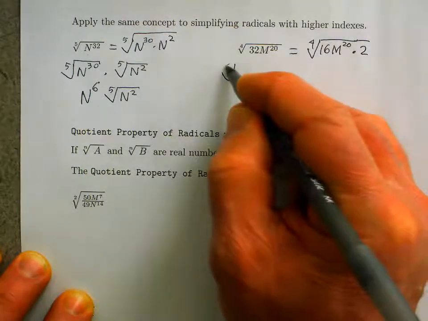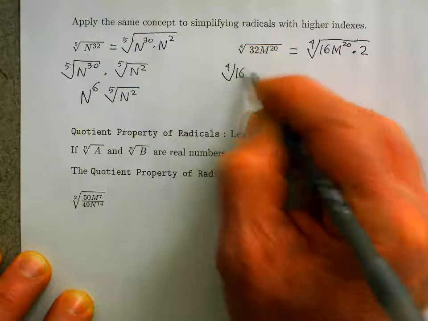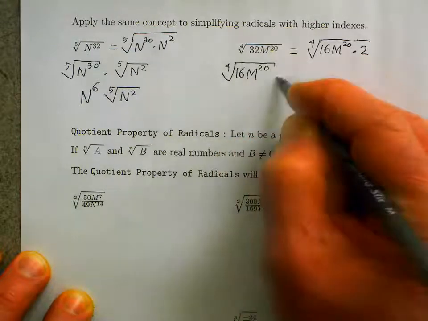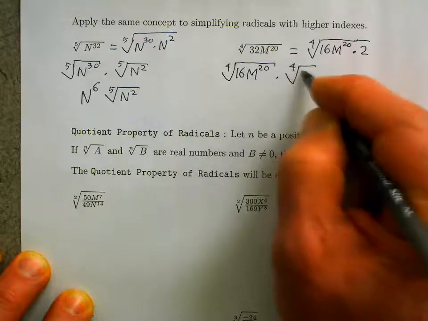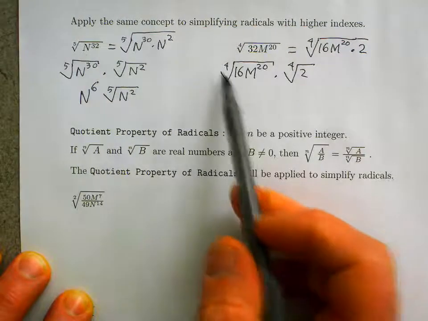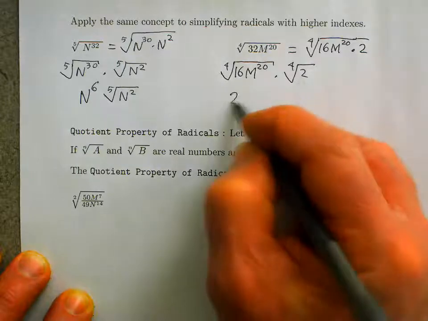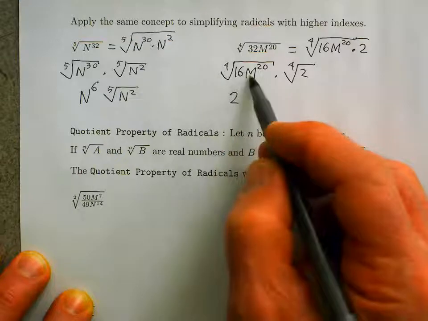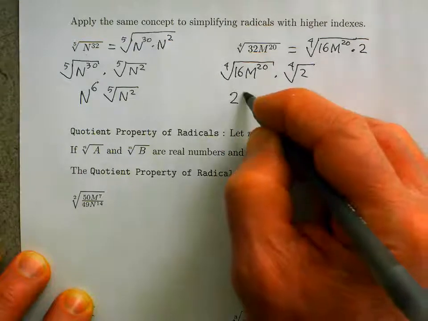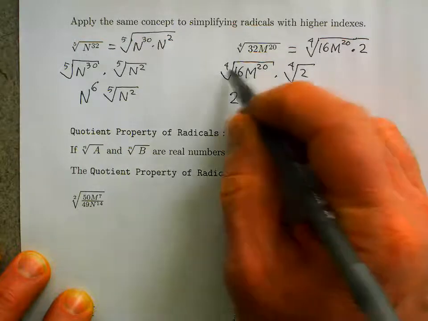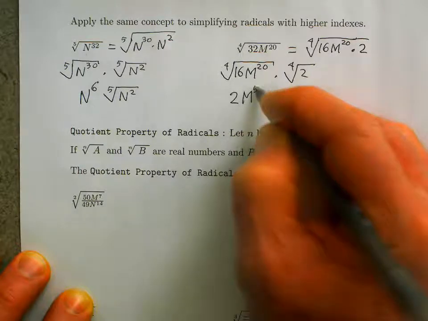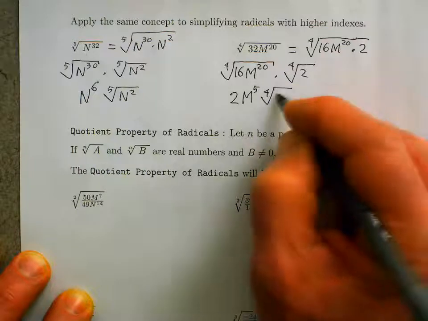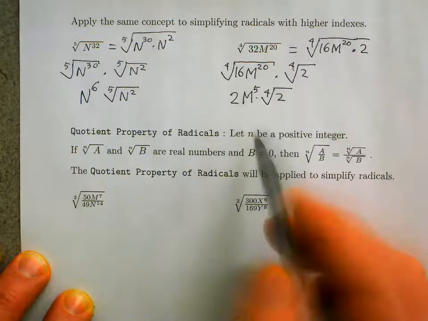And then the fourth root of 16 m to the 20th times the fourth root of 2. The fourth root of 16 is 2 because 2 to the 4th is 16. And then the fourth root of m to the 20th is m to the 20 divided by 4, or m to the 5th. We multiply that by the fourth root of 2. So this is our simplified answer.